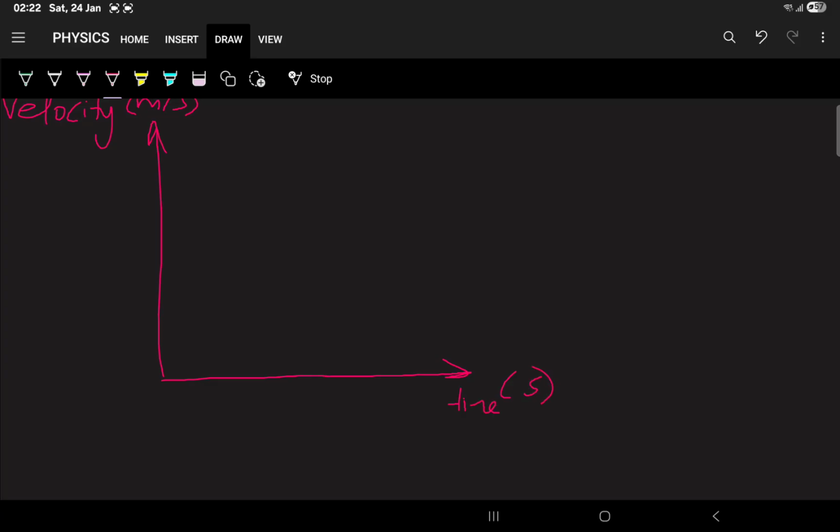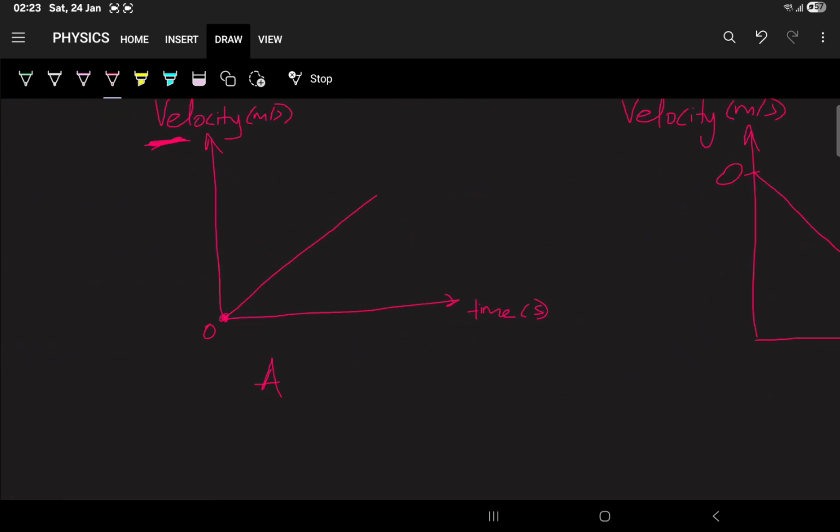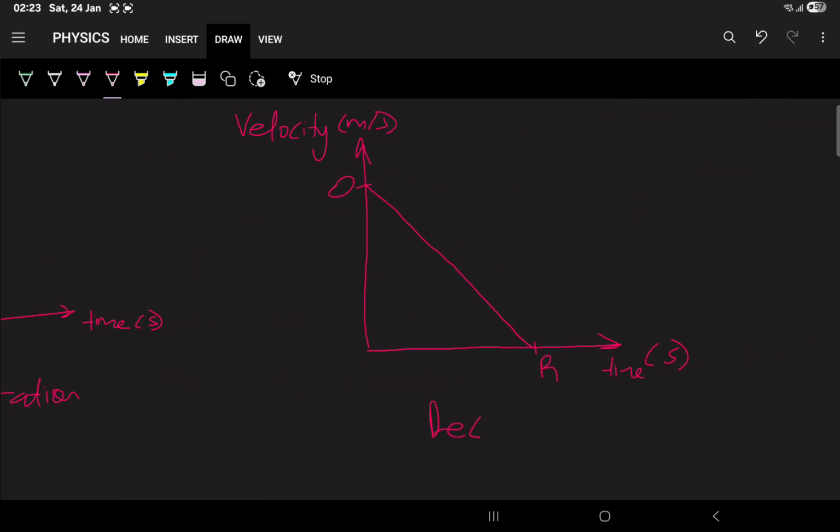Now the graph of deceleration will look something like this. Let's assume this point to be O and this point to be R. So this signifies a decrease, the decreasing value, and this increasing. So this is for acceleration and this is for deceleration.